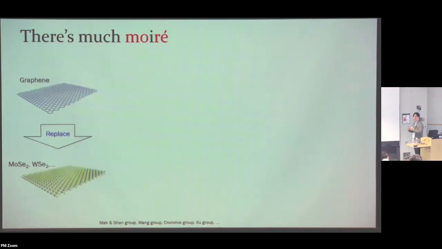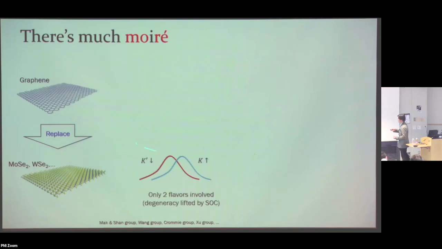And the other route to a different realm of correlated physics is if you replace graphene with transition metal dichalcogenides, which are semiconductors. This system has a relatively strong spin-orbit coupling compared to graphene. So what happens is that because of the spin-orbit coupling, out of the 4 flavors, only 2 are left near the low energy region that we're concerned about.